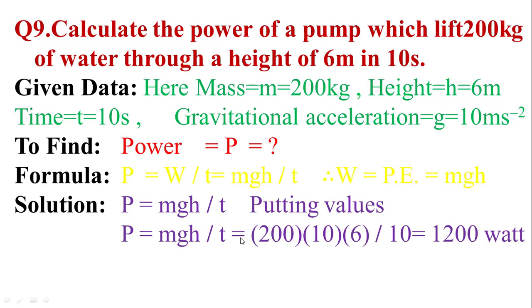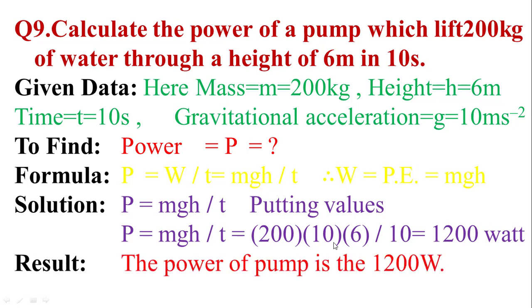The value of m is 200 multiplied by 10 multiplied by height 6 divided by time t, which is 10 seconds. So 200 multiplied by 10 multiplied by 6 divided by 10 is equal to 1200 watt. So the power of the pump is 1200 watt.